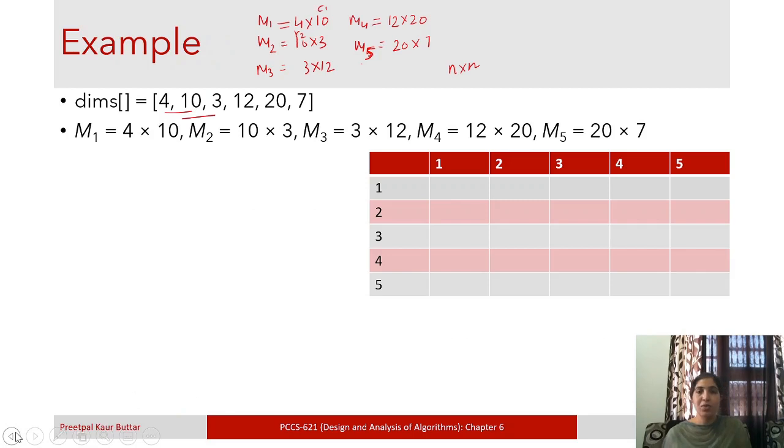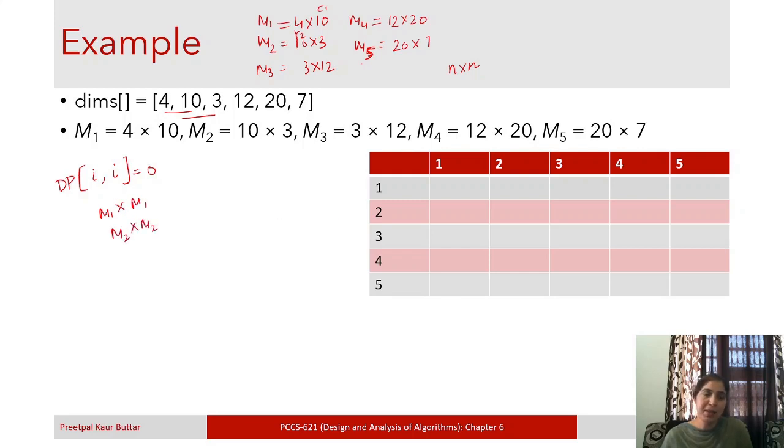So how to solve this? The first, or the base case, is when there is a diagonal, that is when you have i comma i in this matrix. Suppose this matrix is DP. You will simply make it equal to 0, because we are not multiplying M1 with M1, we are not multiplying M2 with M2.